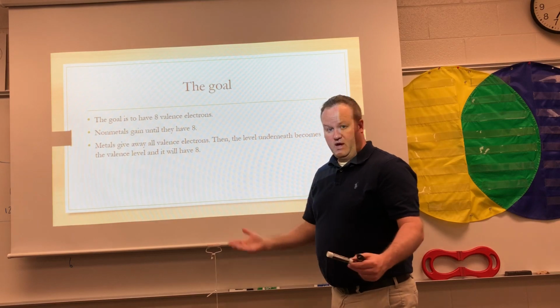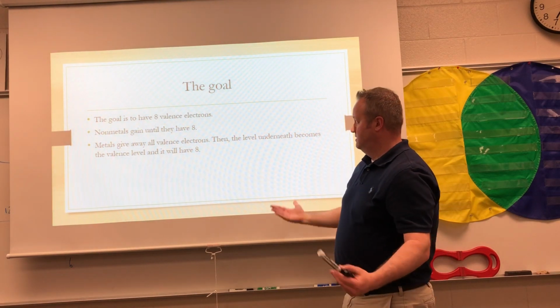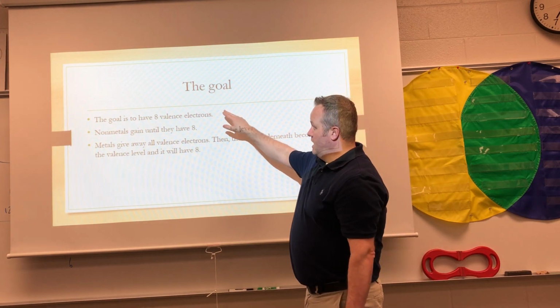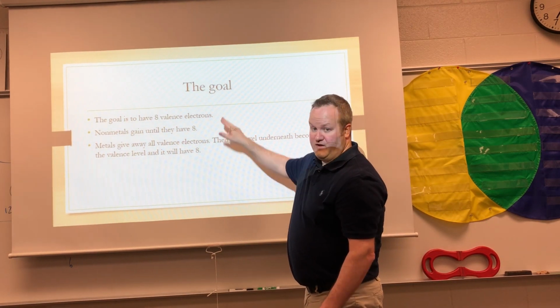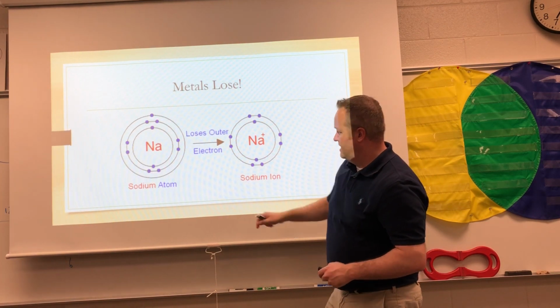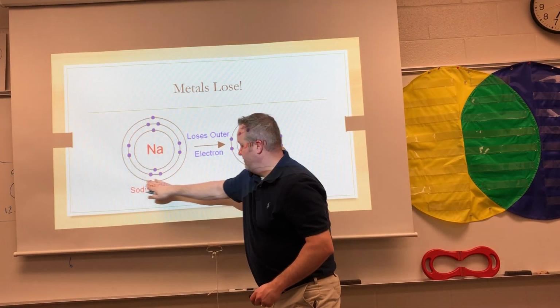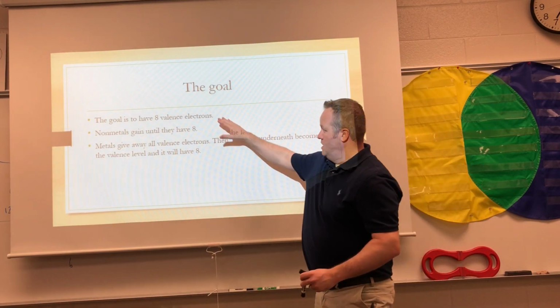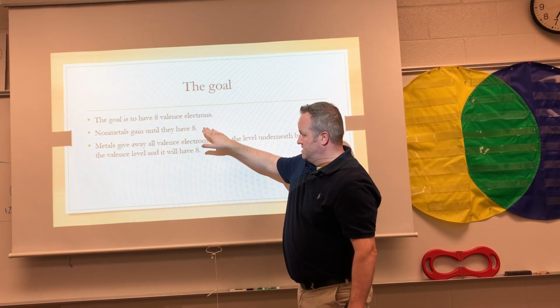Every atom on the periodic table wants to have 8 electrons. We call that a complete octet. The goal is to have 8 valence electrons. When I say 8 electrons, I'm talking about the outside energy level, which wants to have 8.